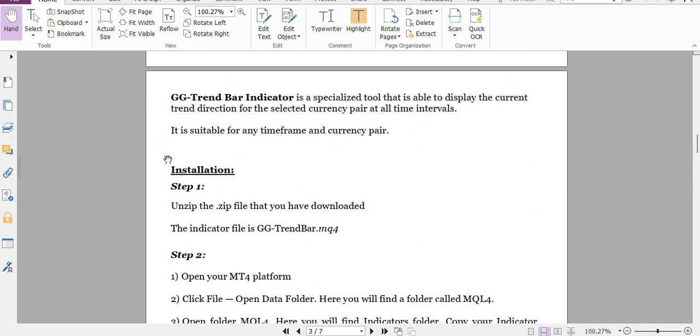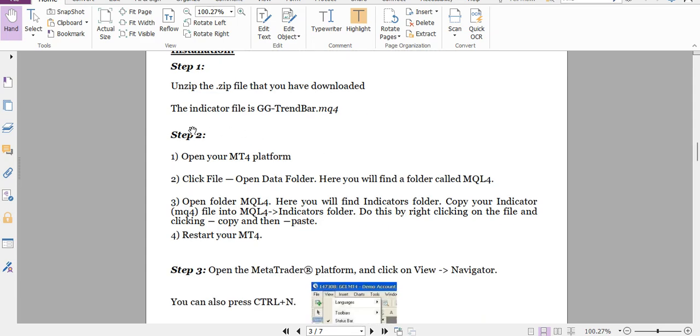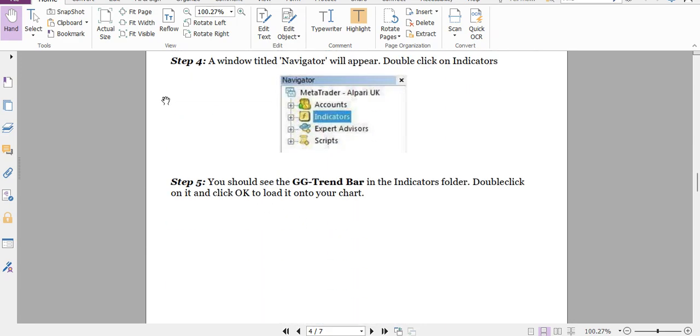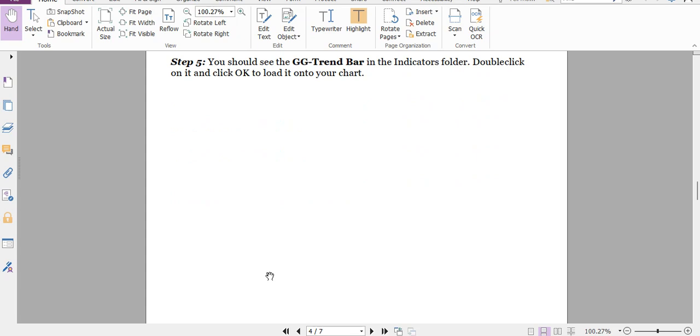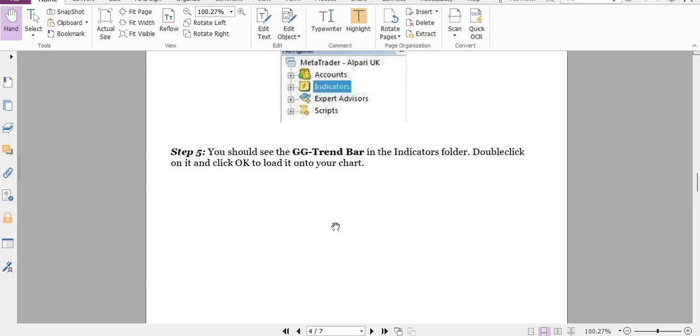Okay, for setup, you can use the instruction they write here, but I will also tell you how you can do it. First of all, you should open MetaTrader 4. After that, you go to the folder option, find MQL4, then the indicators part, and paste the GG trend bar there.